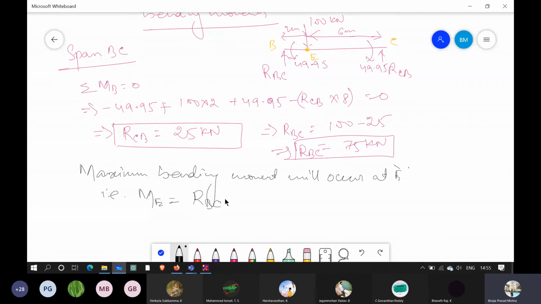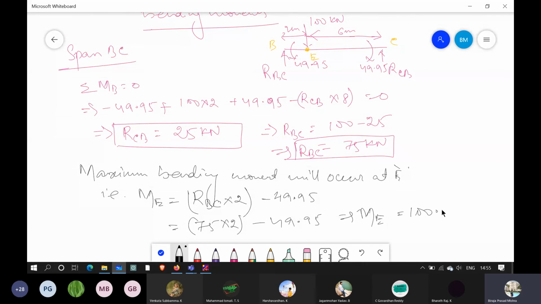How much is RBC? It is 75 into 2 minus 49.95. This implies the maximum moment at E equals 100.05 kilonewton meter.